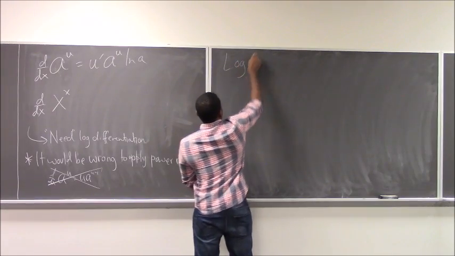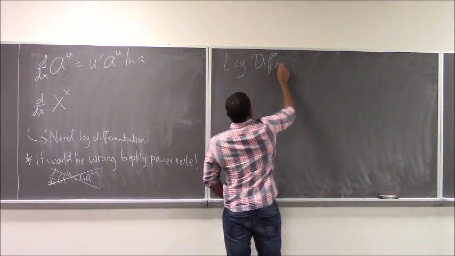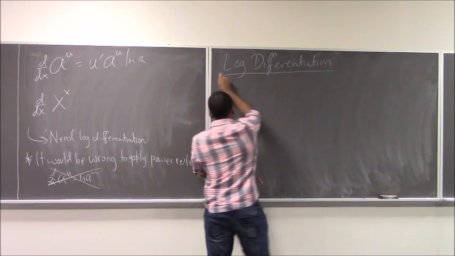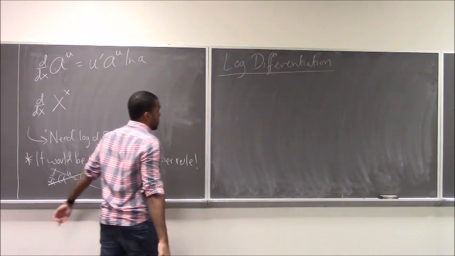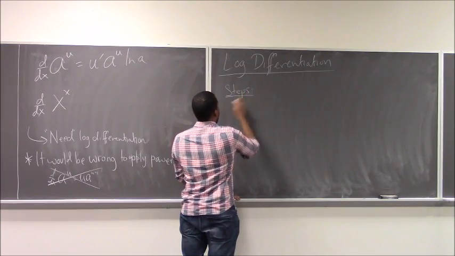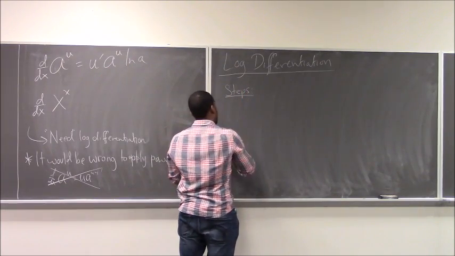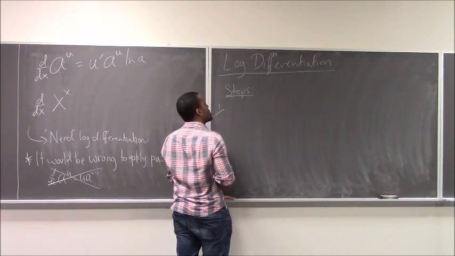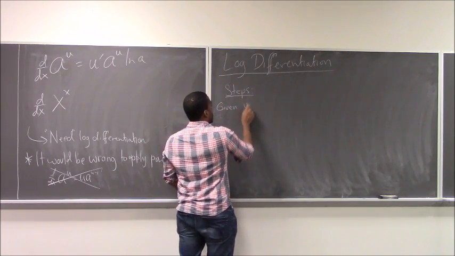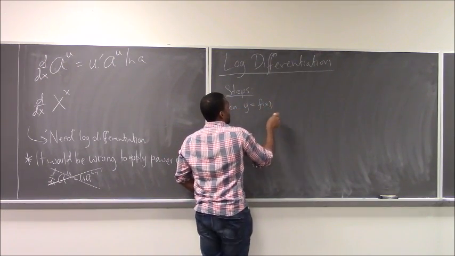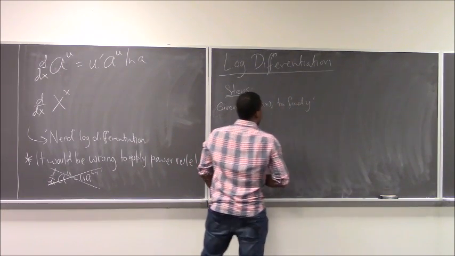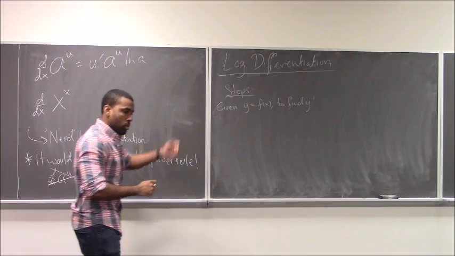So let's talk about log differentiation. I'll give you the steps, and I'll probably just derive this for you. This is if you're given some function, y equals f of x, find y prime. There'll be a couple of situations where you want to use log differentiation.